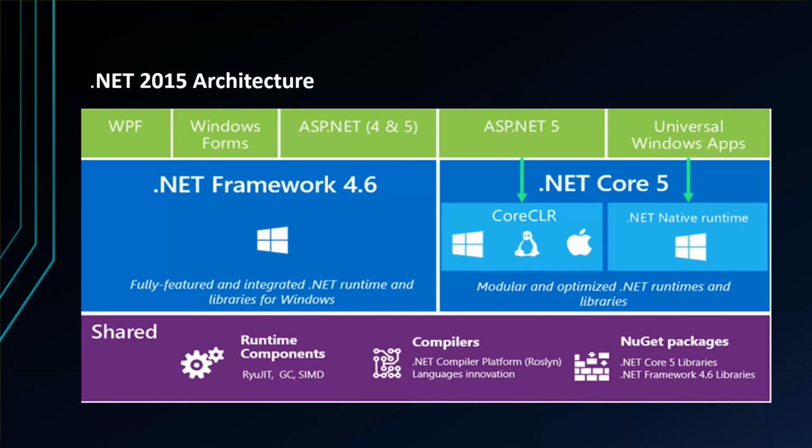It's a full-fledged integrated .NET runtime, and it has all the libraries, especially for the Windows platform. So using .NET Framework, we can design and develop WPF apps, Windows apps, and ASP.NET 4 and 5 apps.